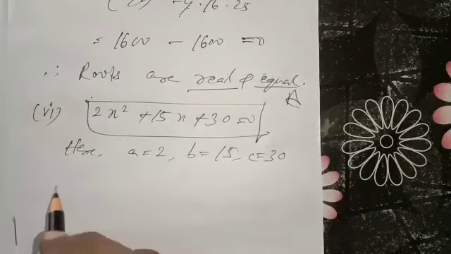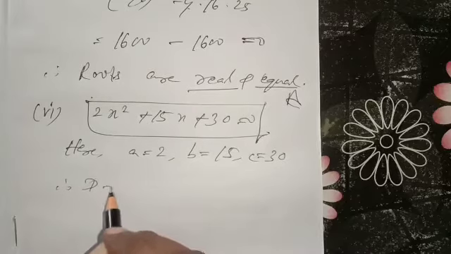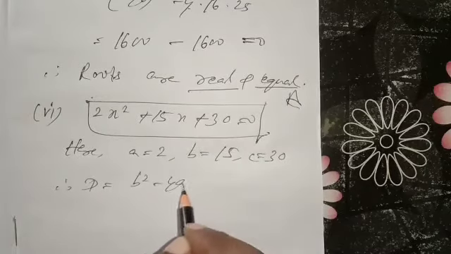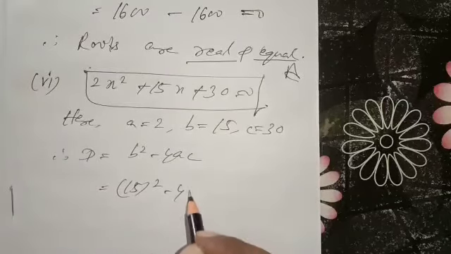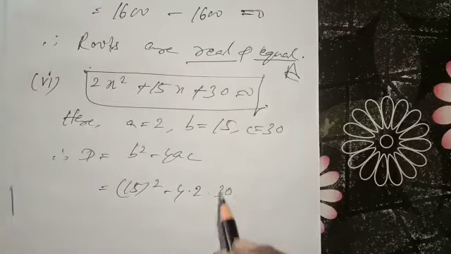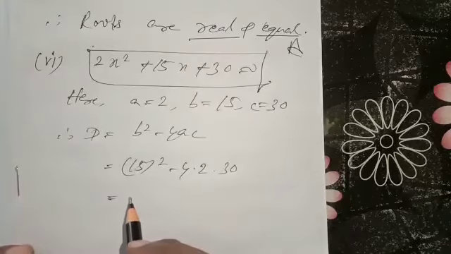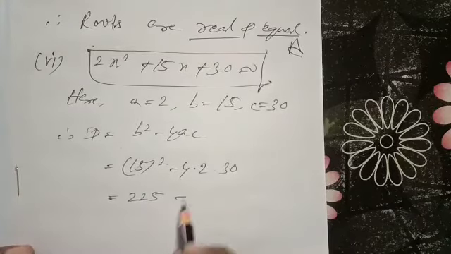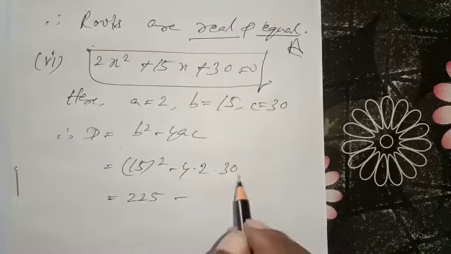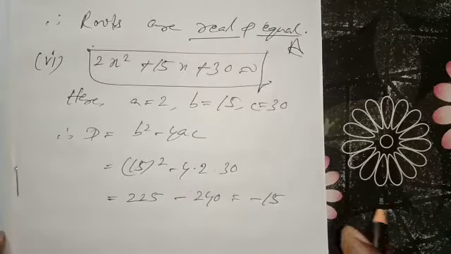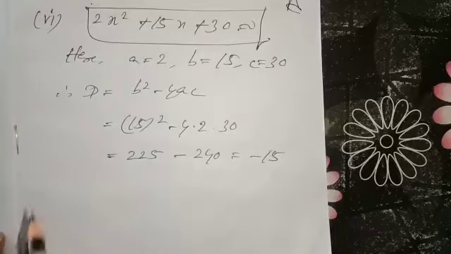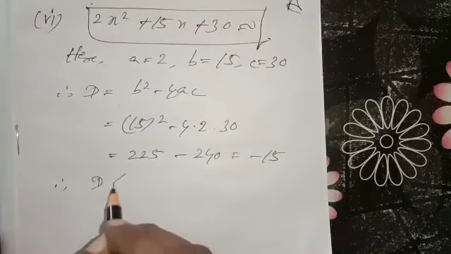After finding the value of A, B, C, then find discriminant, B square minus 4AC. What is B here? 15 whole square minus 4AC 30. 15 whole square is coming 225. 4 2's are 8, 8 30's are 240. Coming minus 15. Discriminant coming minus 15. Therefore D is less than 0.